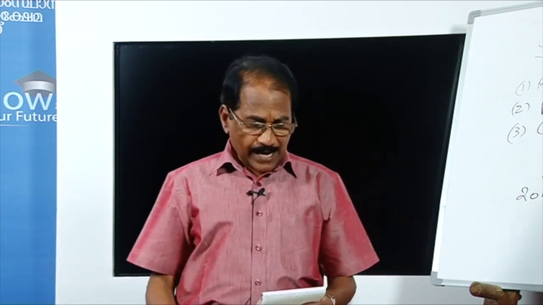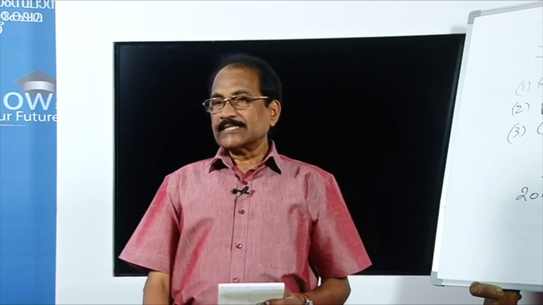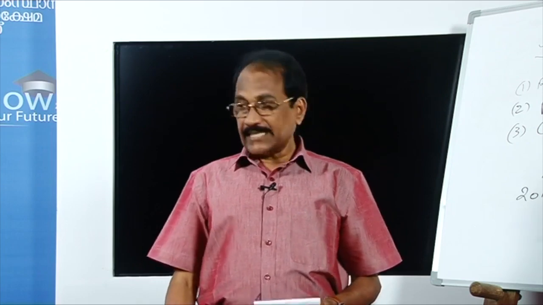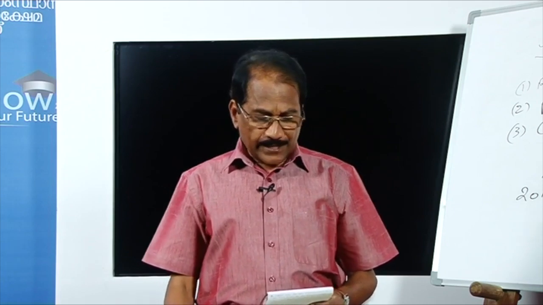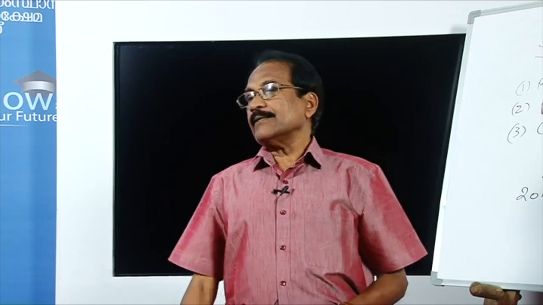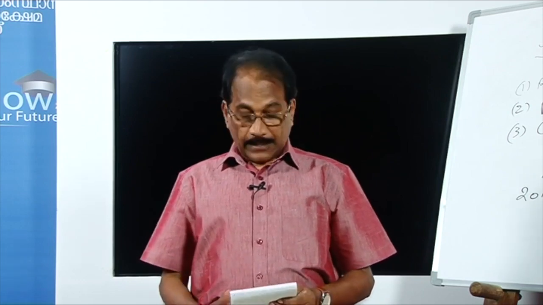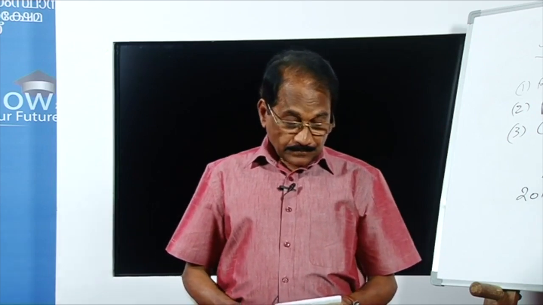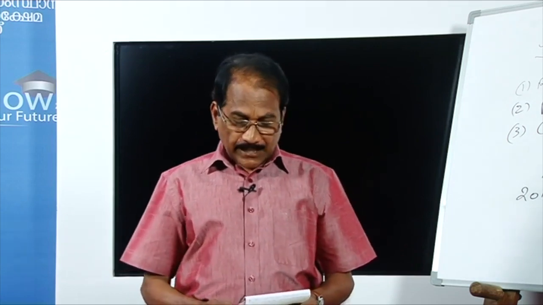The second component of the Nava Kerala Karma Paddhati is the LIFE Mission, which means the livelihood, inclusion and financial empowerment program. Number 3, the third one in the Nava Kerala Karma Paddhati, is known as the Podu Vidyabhyasa Samrakshana Yojana.